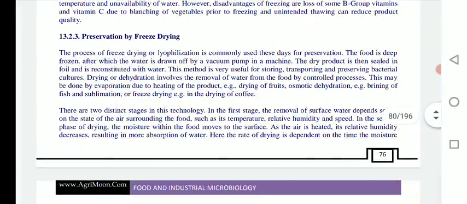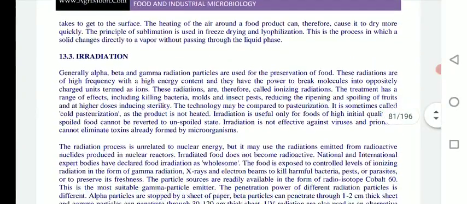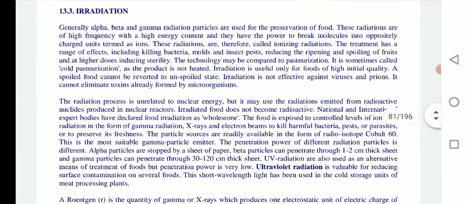Preservation by freeze drying we have already studied, and the next is irradiation. Generally alpha, beta, and gamma radiation particles are used for preservation of food. These radiations cause destruction of various kinds of microorganisms.